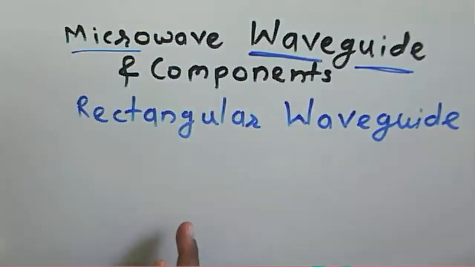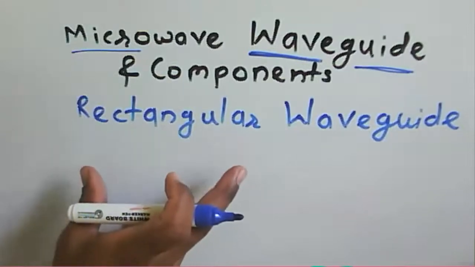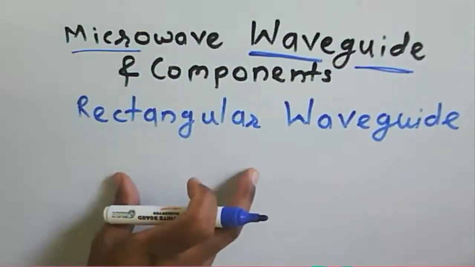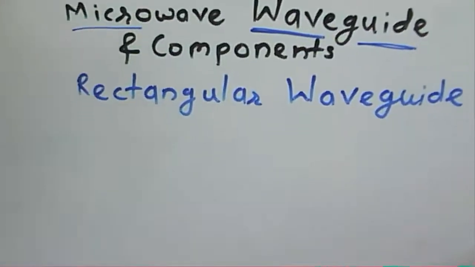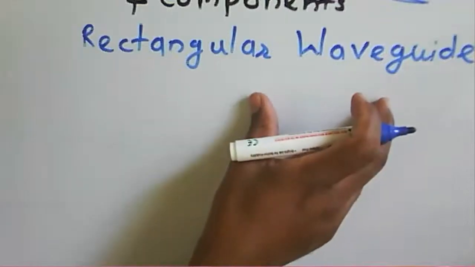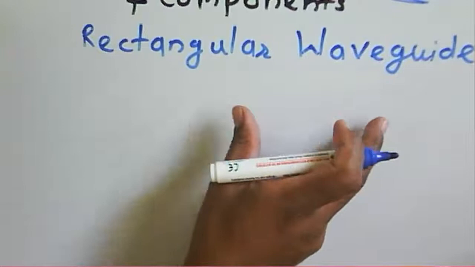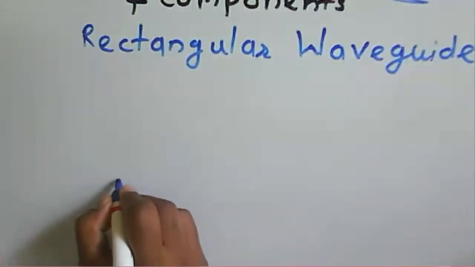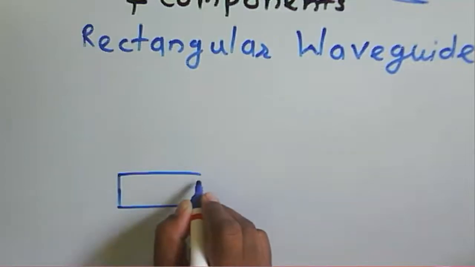It is a hollow metallic tube with a rectangular cross section. So how does your waveguide look? Simply, I draw here a rectangular waveguide, and then we'll talk about the characteristics of the waveguide, and then its advantages and disadvantages. First of all, we'll go through the rectangular waveguide.